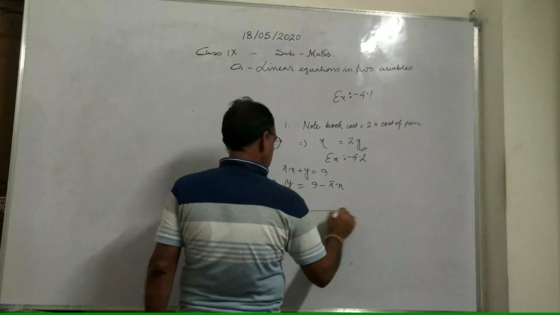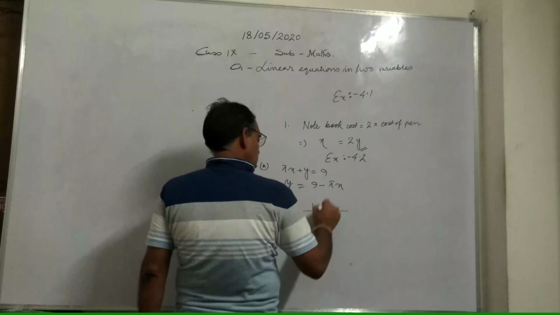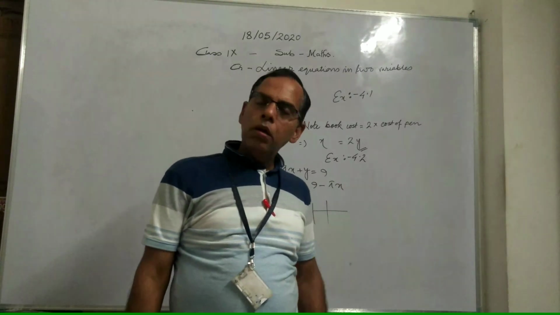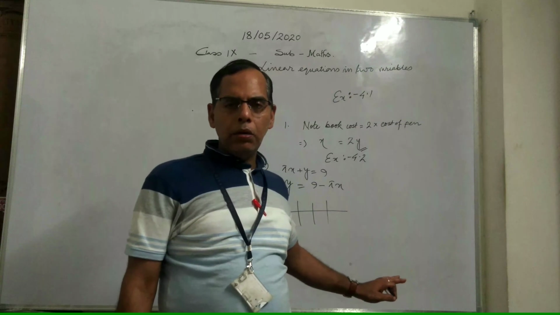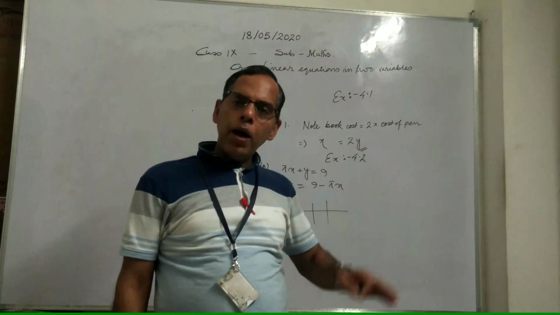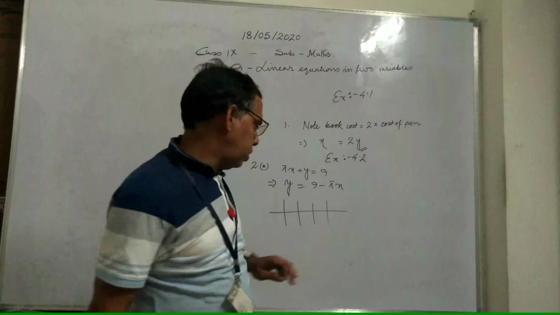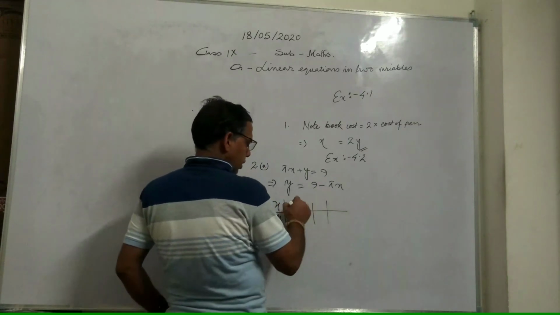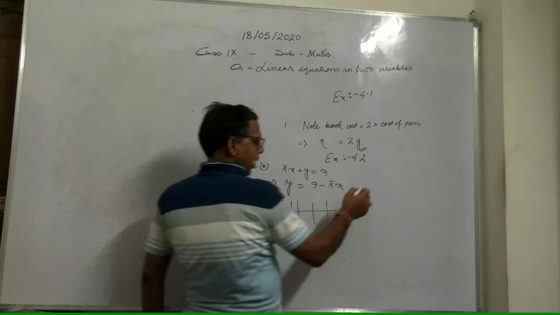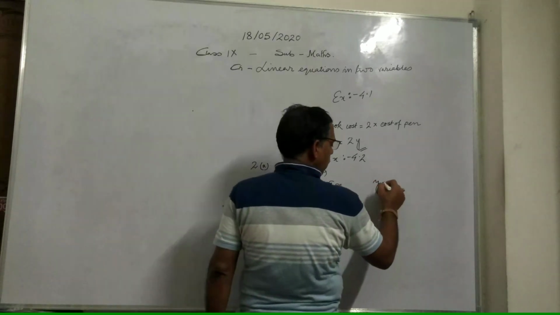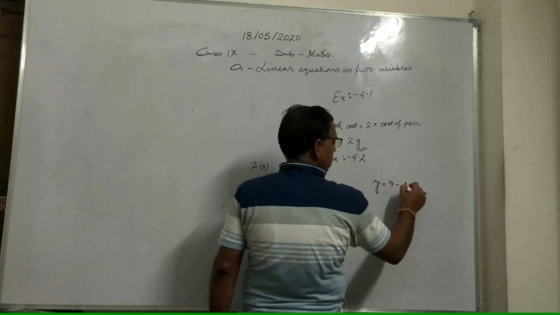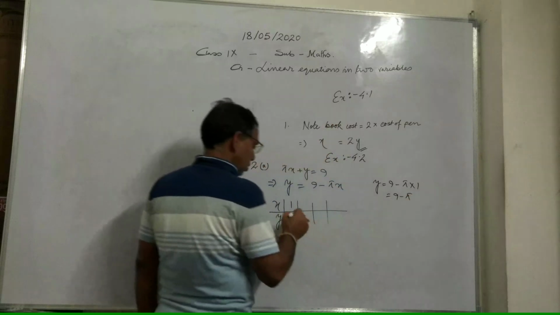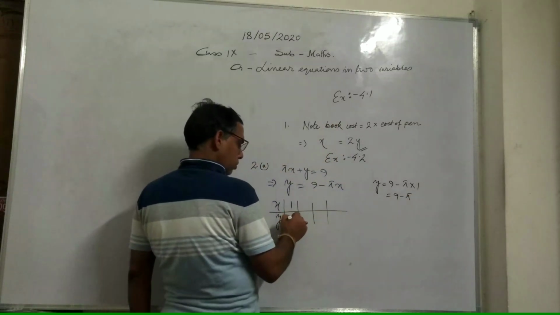Now, once again, pi value you know is 22 by 7, but here no need to write down that value. Let pi remain pi. So let x equal 1, then y equals 9 minus pi into 1, equals 9 minus pi.